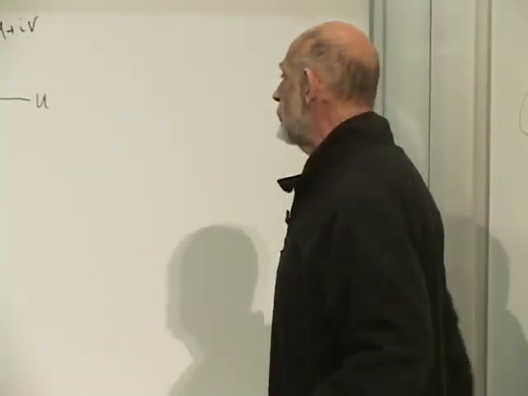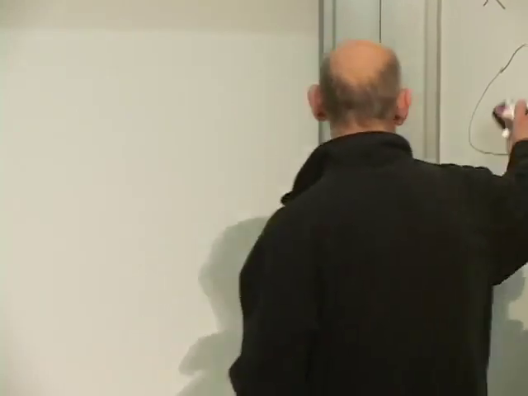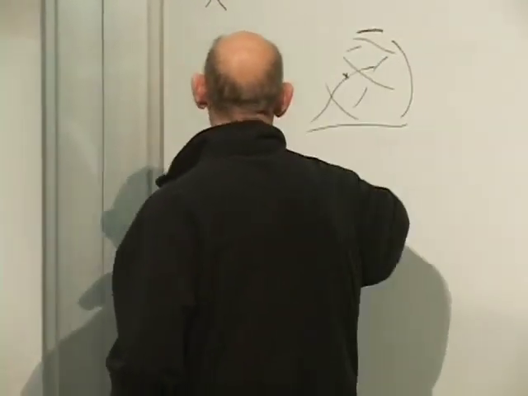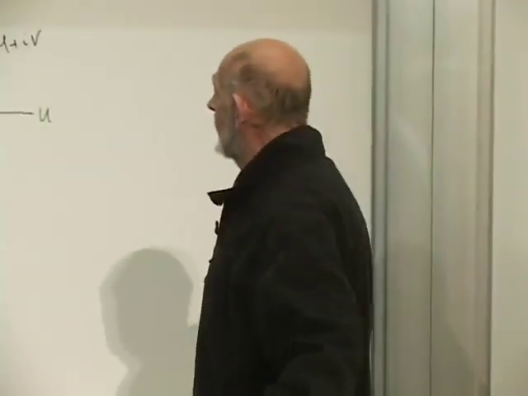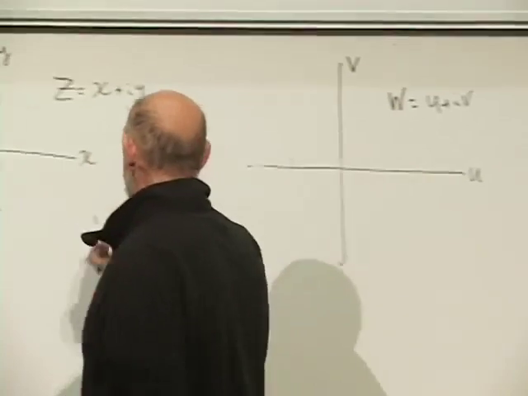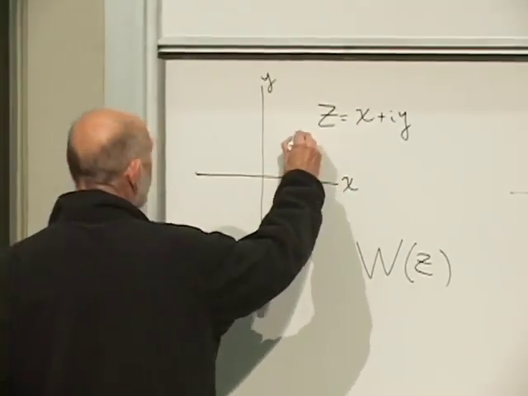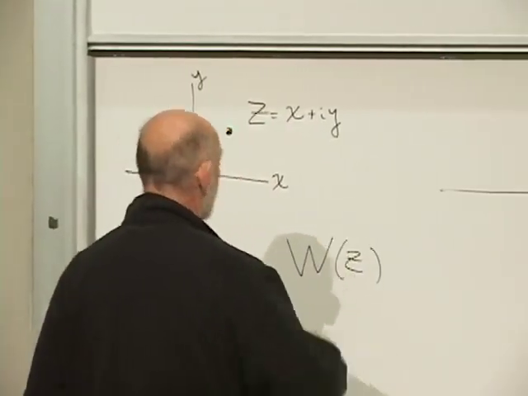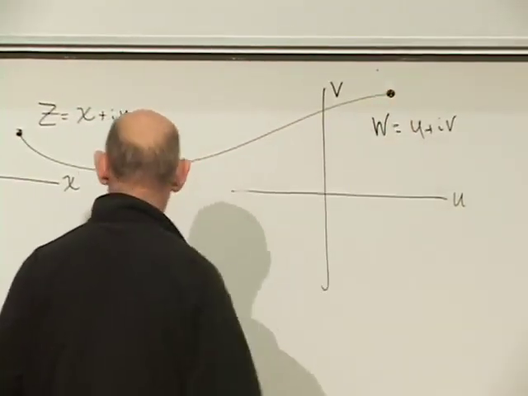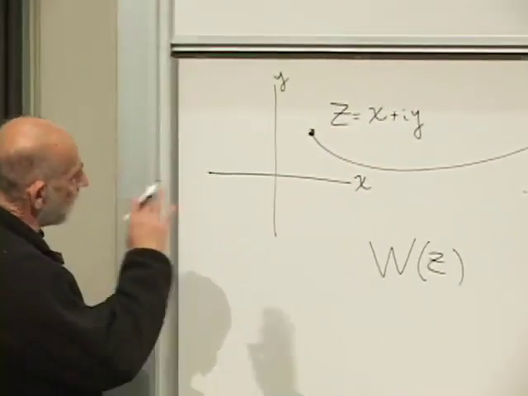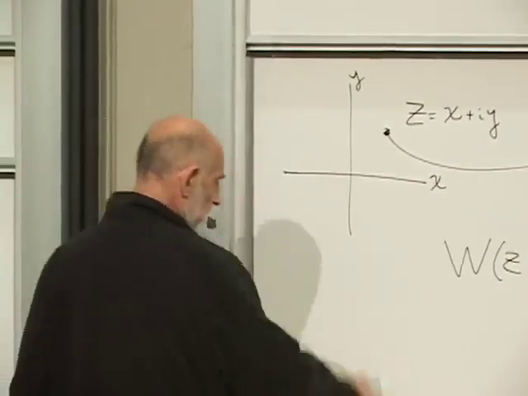Given a function w, we can try to define a derivative of w of z. We can try to define a unique derivative, and here's the way we would do it. Start at a point z, and at every point z, that corresponds to some point over here, w. Let's move the point z a little bit to z plus delta z.